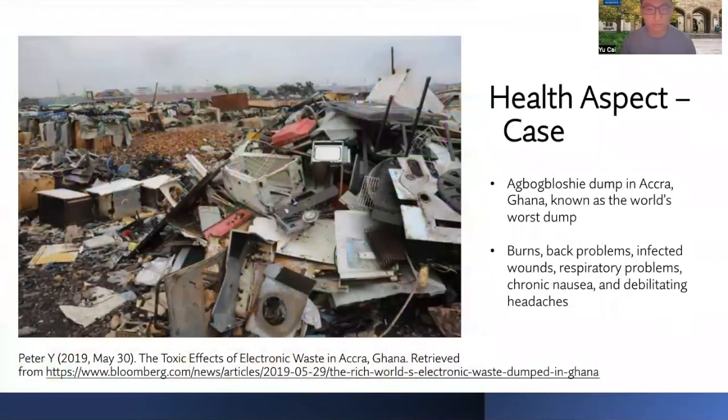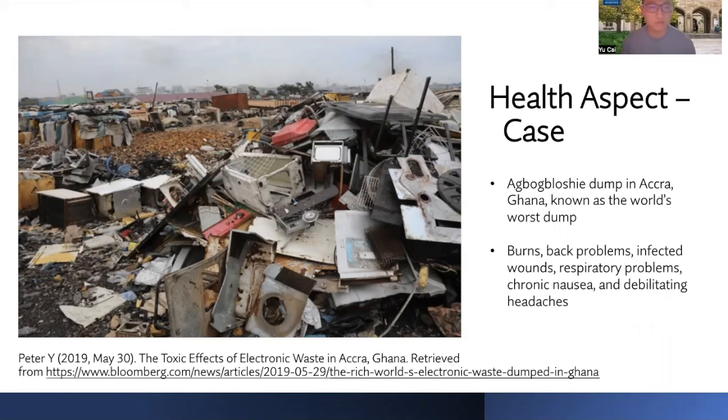Agbogbloshie. The Agbogbloshie dump in Accra, Ghana, is known as the world's worst dump. Why? From this picture, we can see the hazardous working environment and toxic air pollution there. And it is also one of the world's largest destinations for used electronic goods.